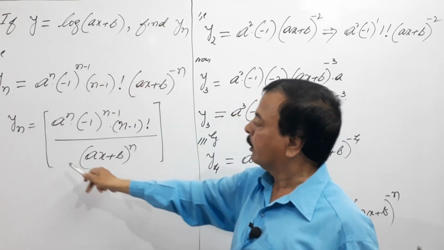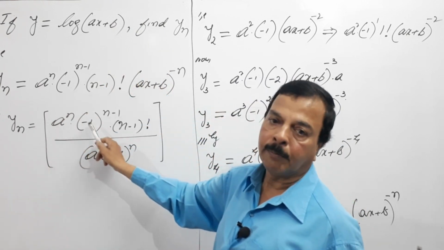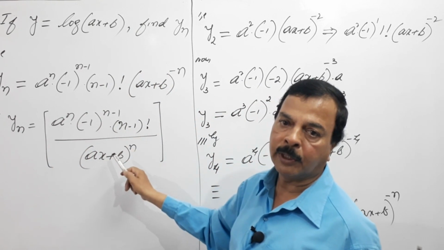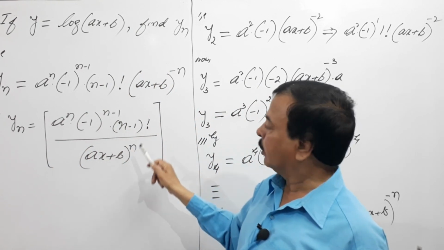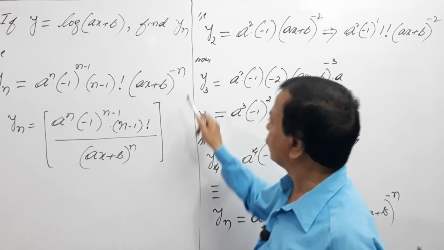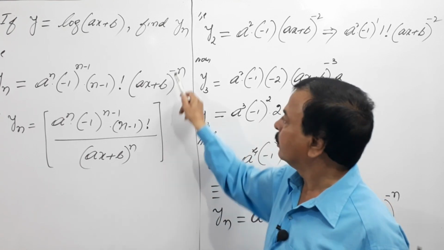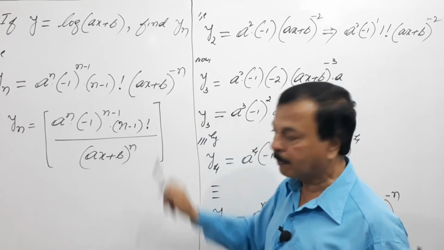So finally, we are asked to find yn. yn will be a to the power of n into minus 1 to the power of n minus 1 into n minus 1 factorial, divided by ax plus b to the power of n. When ax plus b comes to the denominator, the minus n becomes plus n.